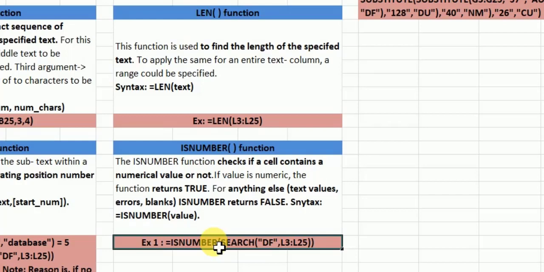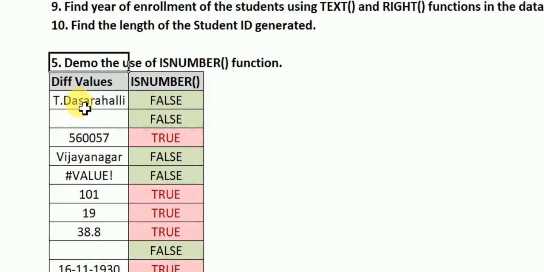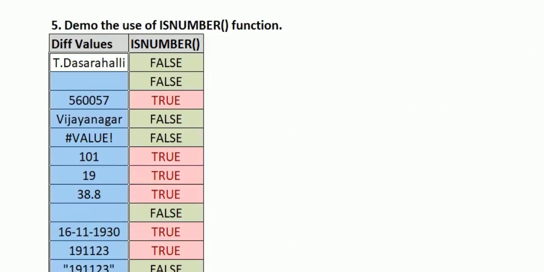We will see a demonstration how it works. For this, let's consider a column. Here is a column that contains various values. If this column contains text value, numeric value, some error kind of value, some date value, some integer values, string values.